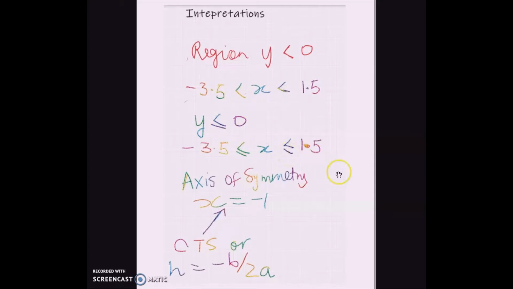The axis of symmetry is x equal to negative 1, which you can produce from completing the square, or by using the formula h is equal to minus b on 2a. Here our b is 2 and our a is 1. So it will be minus 2 divided by 2 times 1, which works out to be negative 1.